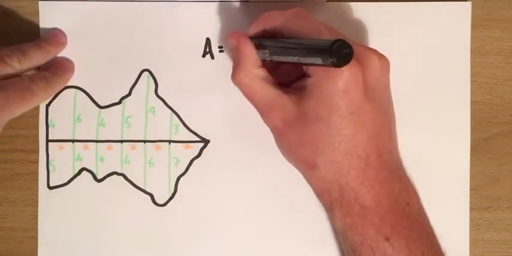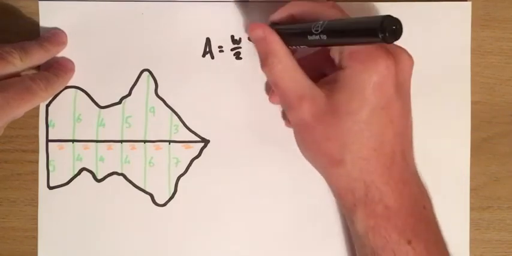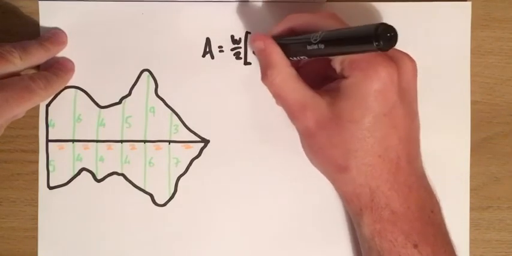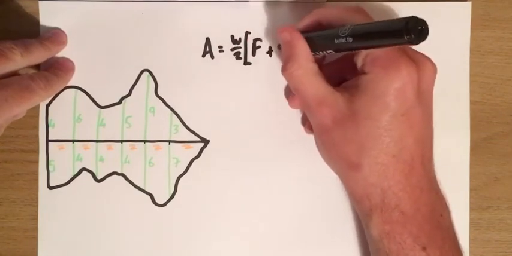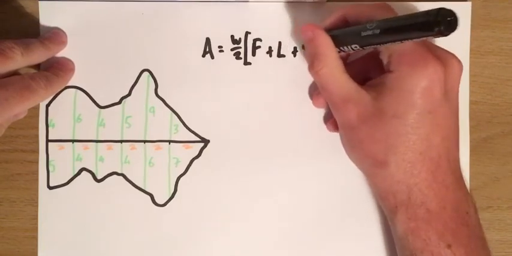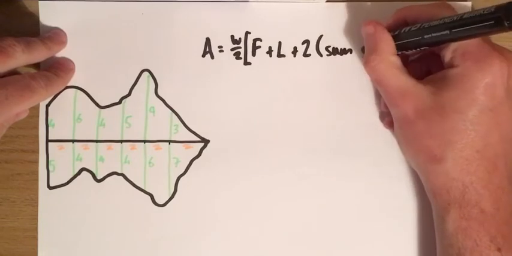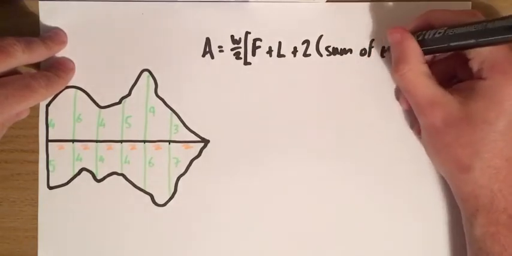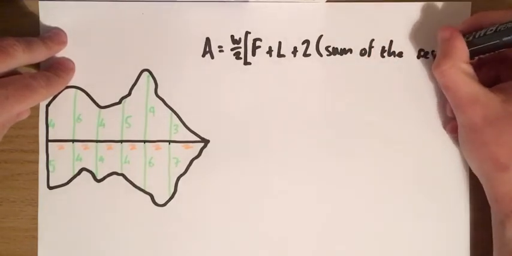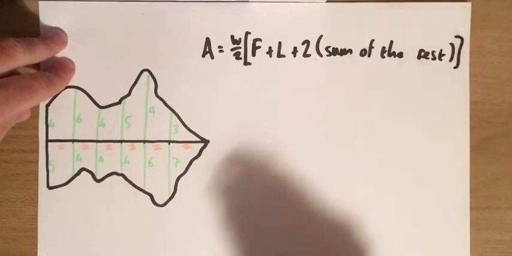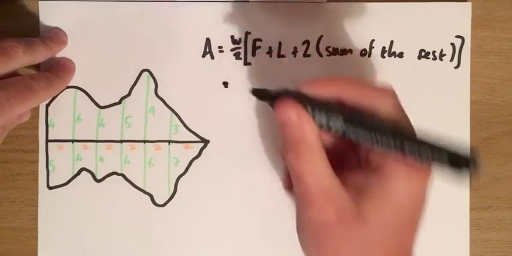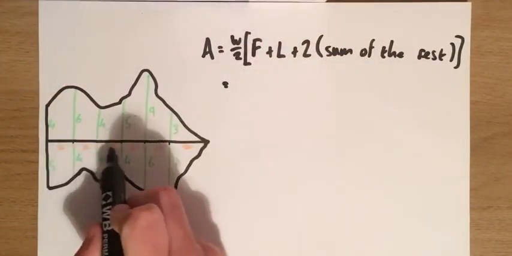Width of a strip over 2 times first height plus last height plus 2 times the sum of the rest of them. Okay, so the width of a strip here is 2, is what's marked in there.